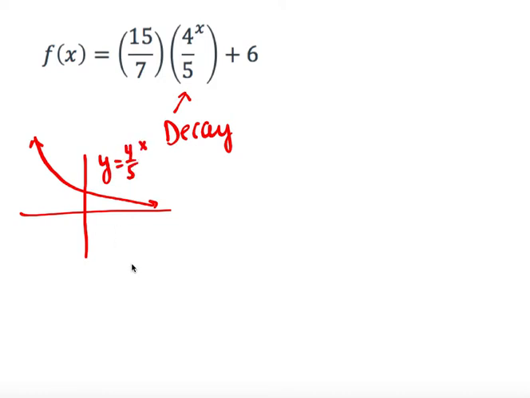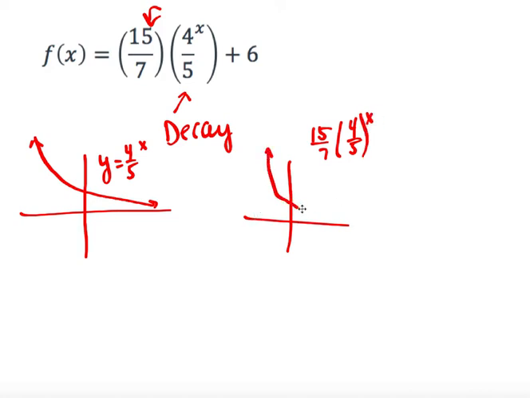So if I was just looking at 4/5 to the x, that's what it would look like. Now, look at the 15/7. 15/7 is above 1. So what the 15/7 does is it makes it have a vertical stretch. Again, these are really rough sketches of these. This would be more curved, of course.